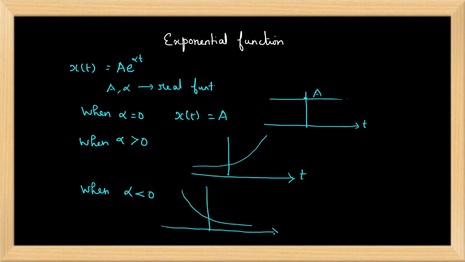This is how the signal looks at different values of α. At α = 0, the exponential function has a constant magnitude. When α is greater than 0, we have an exponentially growing signal, and when α is less than 0, we have an exponentially decaying signal.